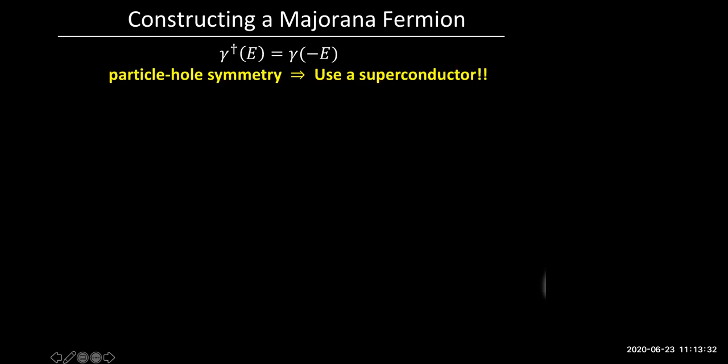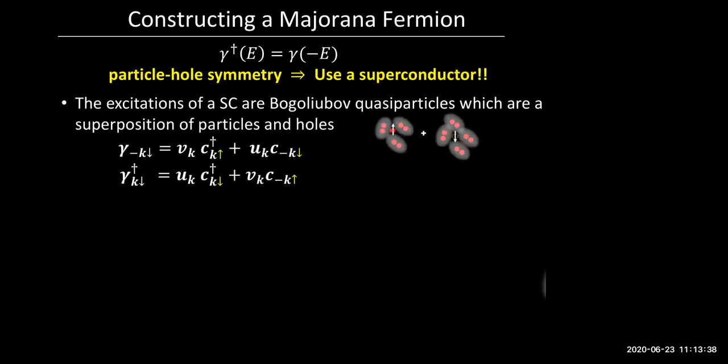So a good place to look would be in a superconductor. The excitations of any superconductor are Bogoliubov quasiparticles. Each Bogoliubov quasiparticle is a superposition of an electron and a hole, and it can be written like this. Here's the electron part of it, and here's the hole part of it.